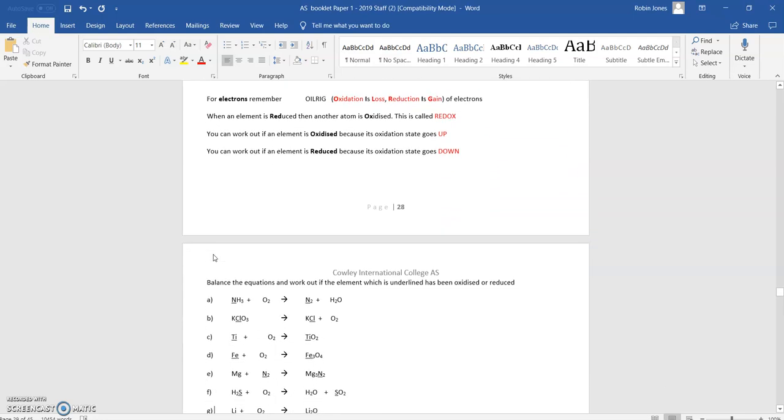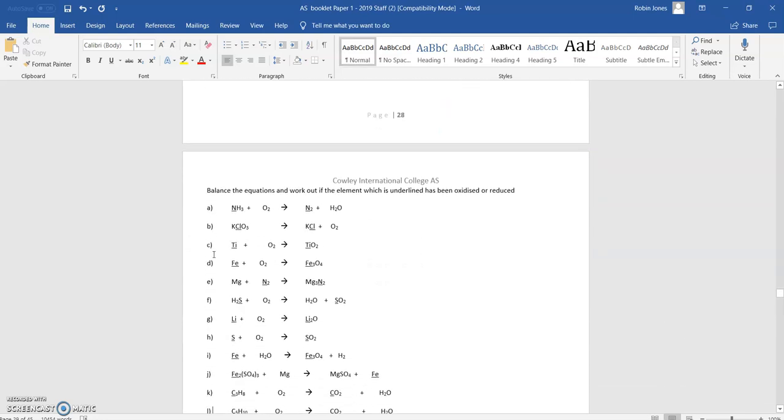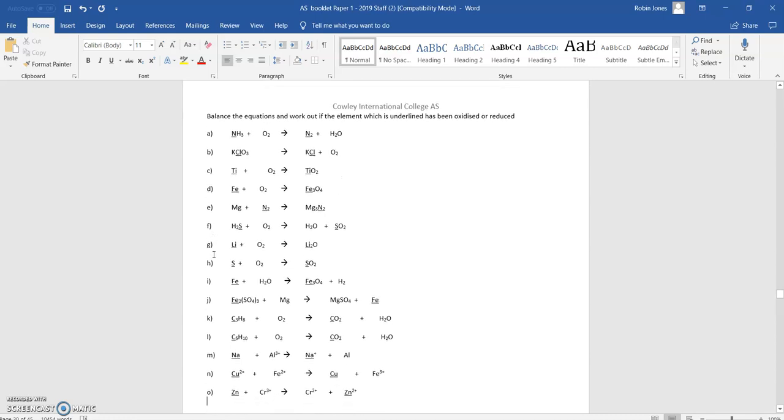Here's some equations. They're not balanced. It doesn't matter that they're not balanced yet. You can still work out oxidation and reduction even if the equations are not balanced. Trust me for a minute, I'll show you that in a little bit.